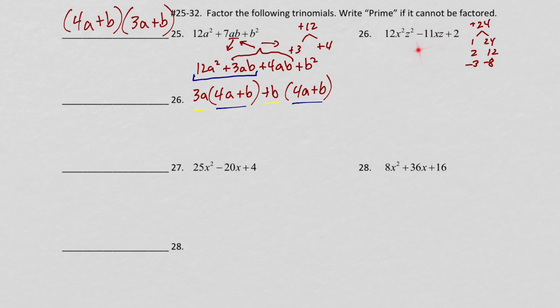So now we'll rewrite that as 12x squared z squared minus 3xz, just use the same variable, minus 8xz plus 2. And I'm going to group these first two together as if they're a separate problem and take out a 3xz.